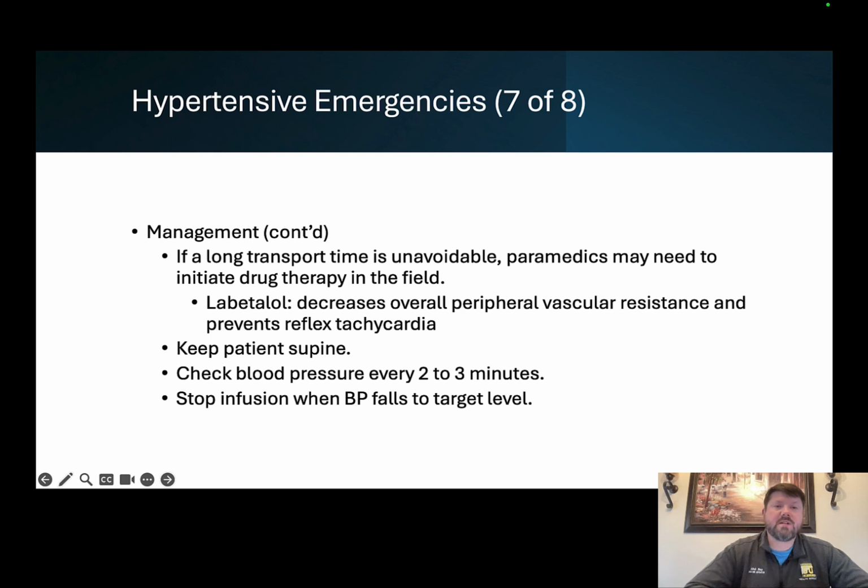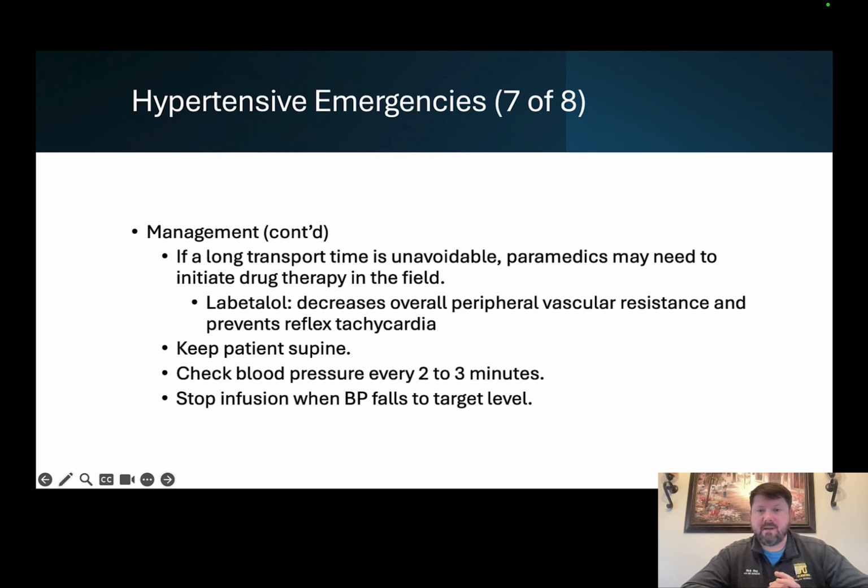If a long transport time is unavoidable, paramedics may need to initiate drug therapy in the field. Like I mentioned, labetalol is a beta blocker, which decreases overall peripheral vascular resistance and prevents reflex tachycardia.